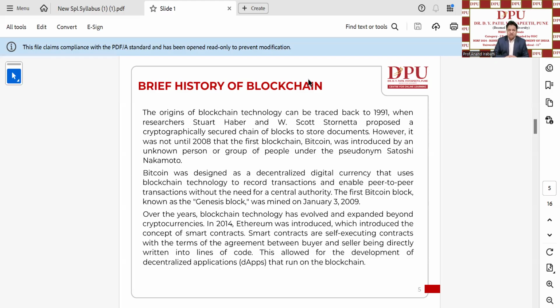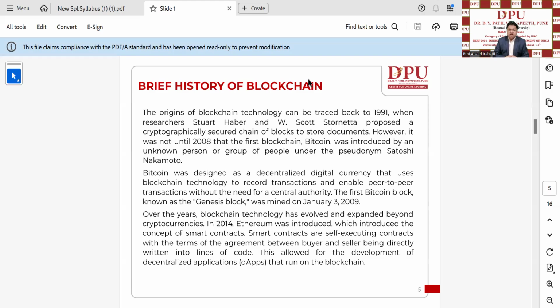But over the years, blockchain technology has evolved and it has expanded beyond just a digital currency. Nowadays, we will find that there are many application areas of blockchain. It could be used in supply chain management for product traceability.